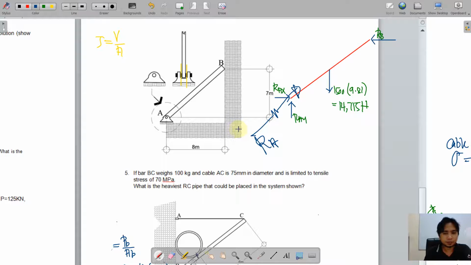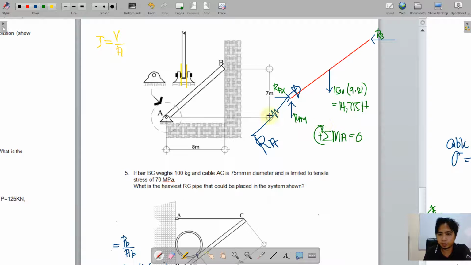Okay, so to do that, we're going to use the equilibrium equations first. We take summation moments at A in order to get RB here.